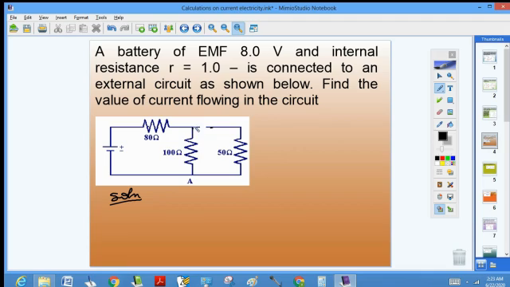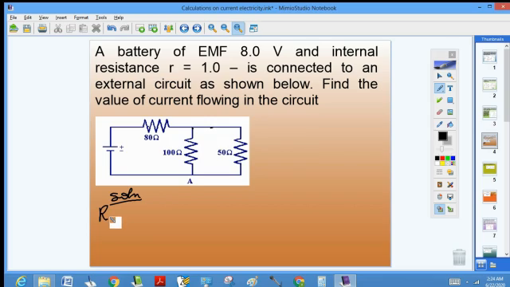That shows that this arm and this arm are in parallel. So we have to start by resolving this 100 ohm and 50 ohm resistors, which are in parallel. Since there are two resistors in parallel, we have to find the effective value of the resistance in parallel.